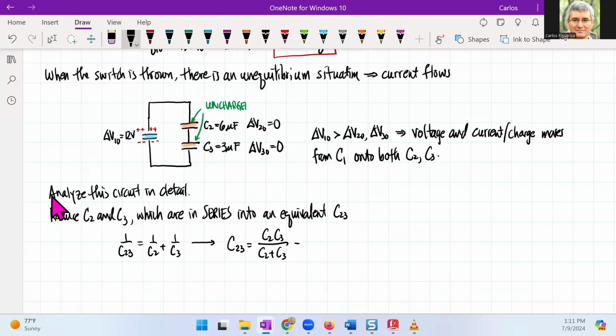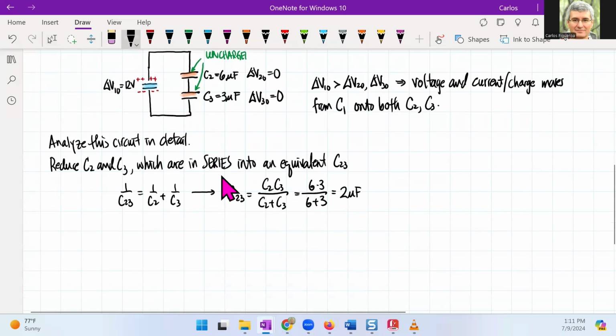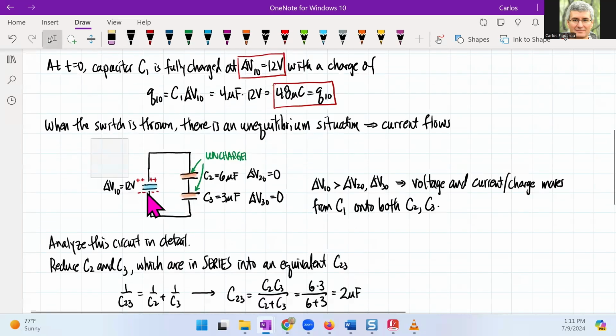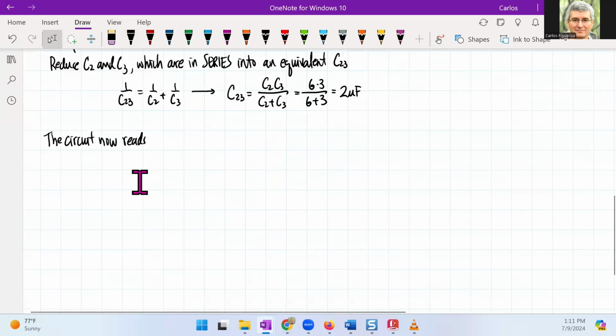When I do that, I get 6 times 3 over 6 plus 3, which gives me 2 microfarads. What does that circuit look like now? The circuit now reads as follows. I have this circuit right here, and I'm going to modify this thing.